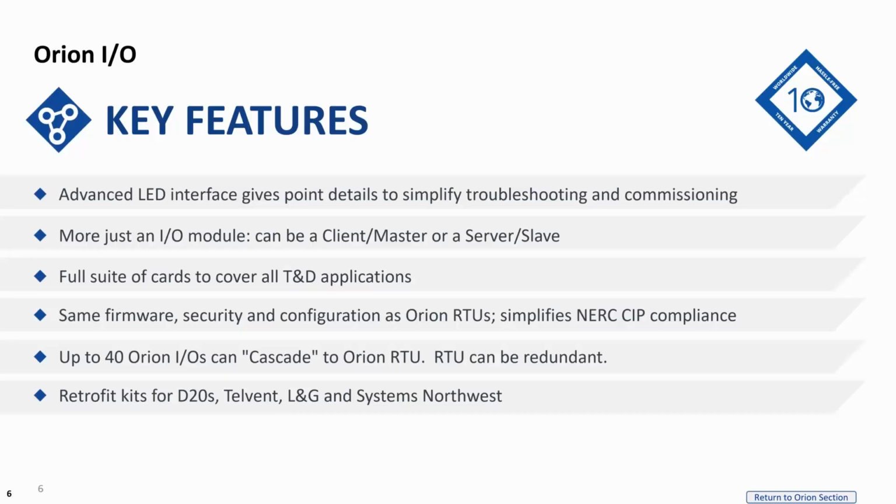It also simplifies NERC CIP compliance by having the same firmware, security, and configuration tools as the Orion RTU. For larger applications, multiple I/O modules can be configured with one configuration file that is sent by the Orion RTU. We call this process application cascading, and we'll briefly go over that later.